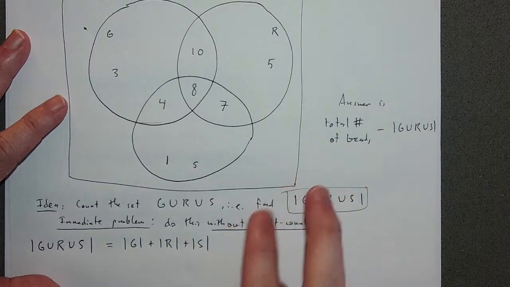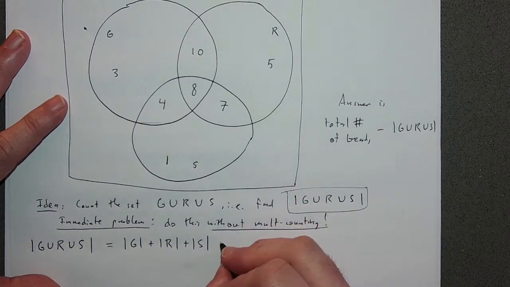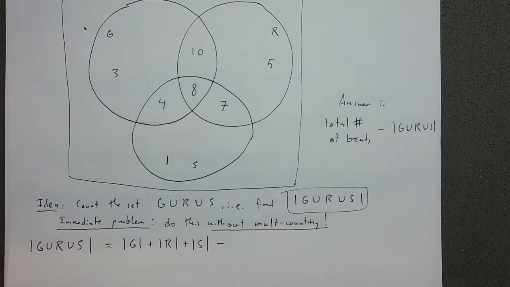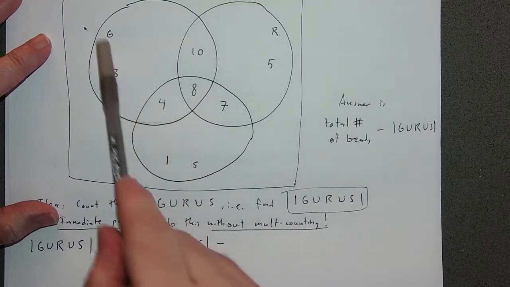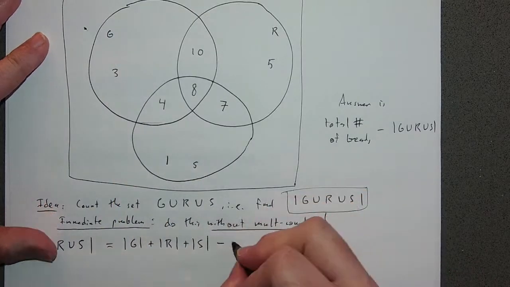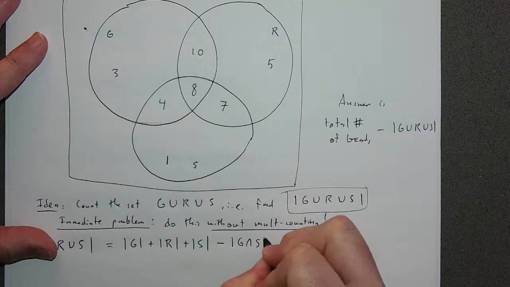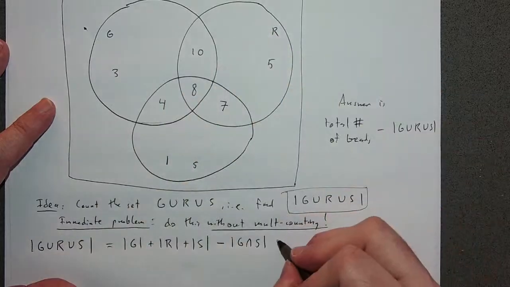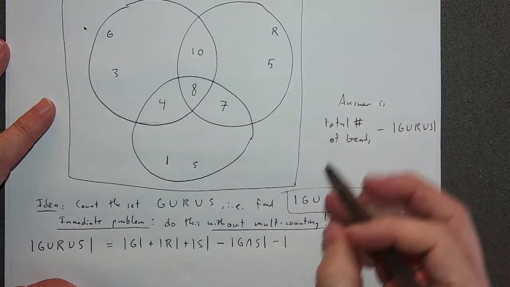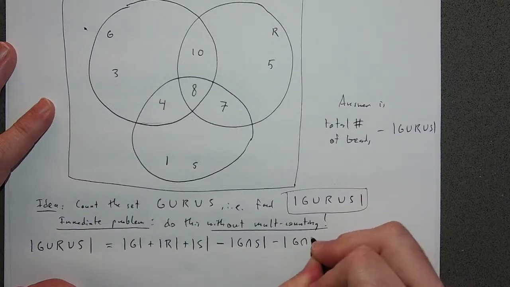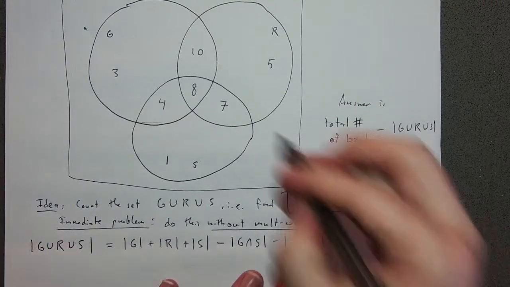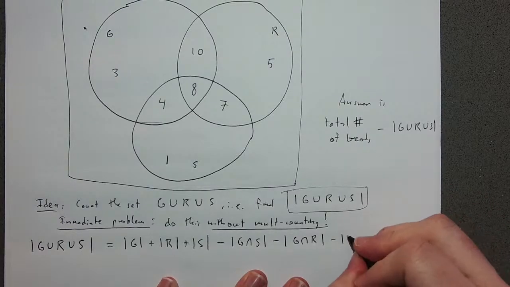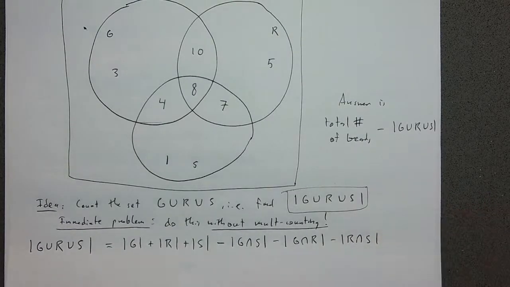So let's focus on the regions taken two at a time. Let's subtract off from this the intersection of G and S. Then let's subtract off the intersection of G and R. Then let's subtract off the intersection of R and S. Let's see if this has fully accounted for the multi-counting.